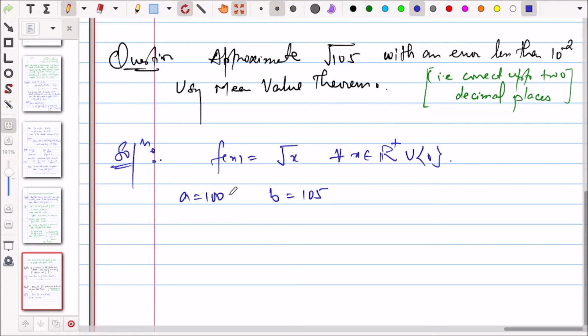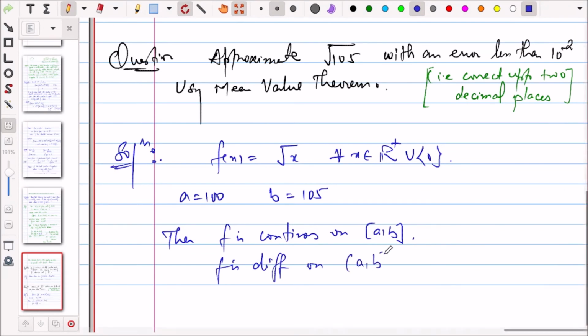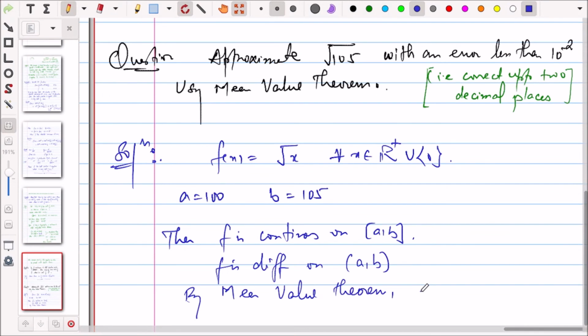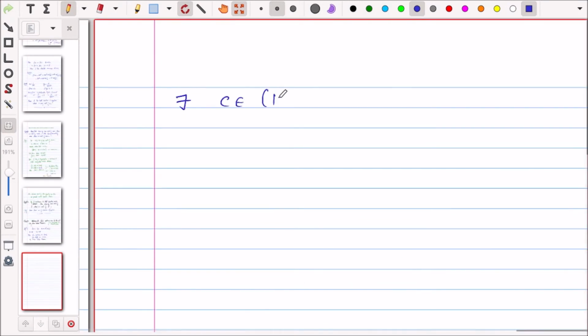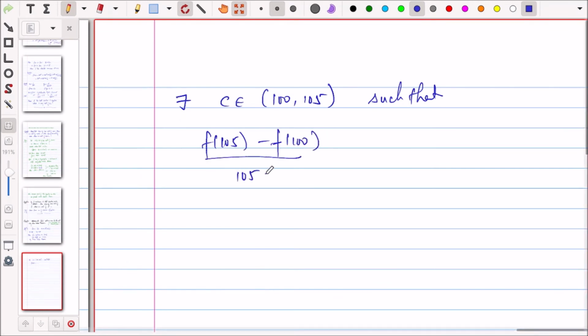Yes, sir. Okay, so then f is continuous on [a, b], right? f is differentiable on the open interval (a, b). So by mean value theorem, there exists c belonging to (100, 105), that is (a, b), such that f(105) minus f(100) upon 105 minus 100 is equal to f dash c.